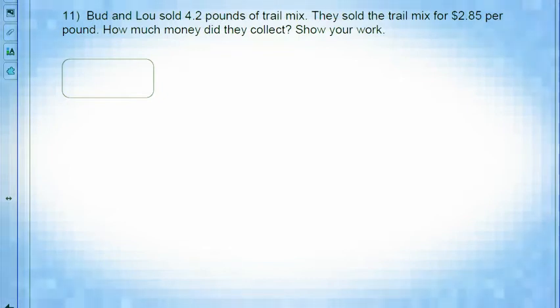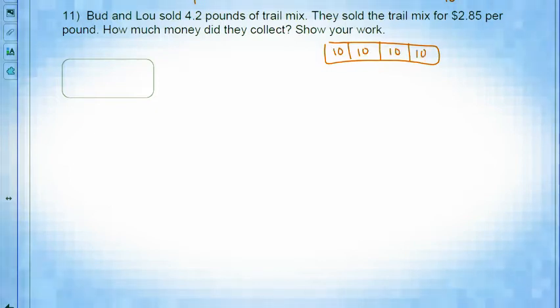Well, sometimes I look at it as a simpler problem first. So if you can envision this as maybe 4 pounds and $10 a pound, I think most people were coming up with, well, that might be multiplication. I have 4 groups of 10, right? That's 4 times 10. So instead of 4 and 10, though, we have 4 and 2/10, and 2 and 85/100. So really, this is not the problem at all.